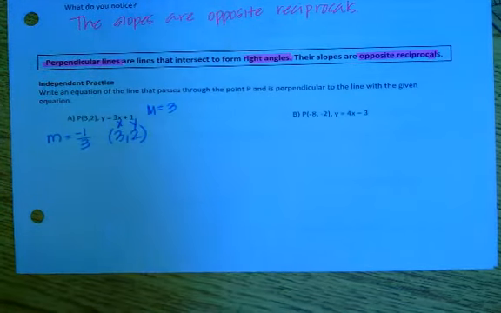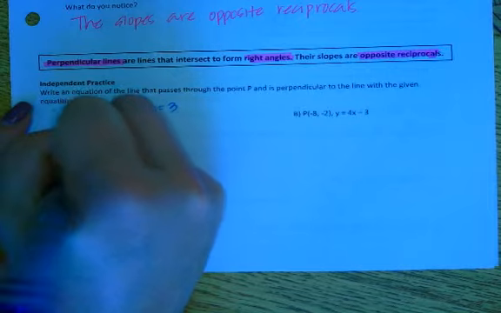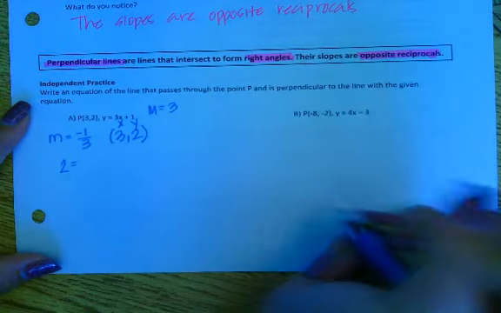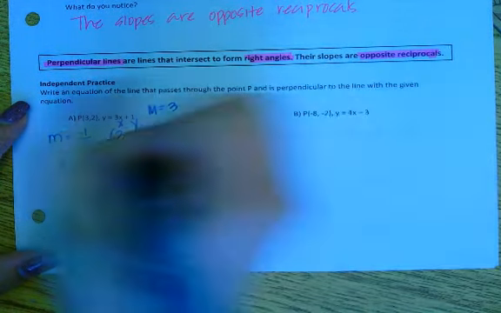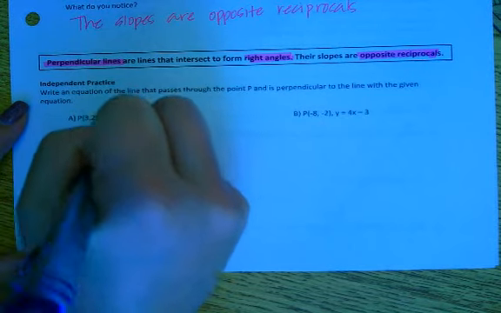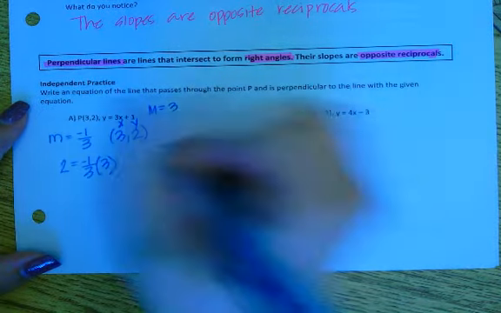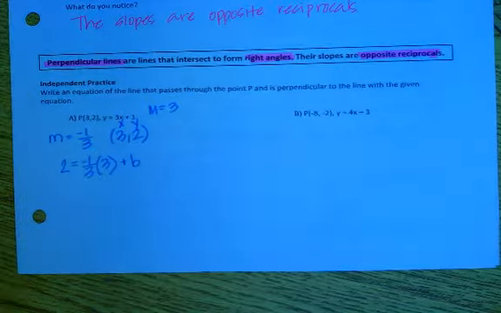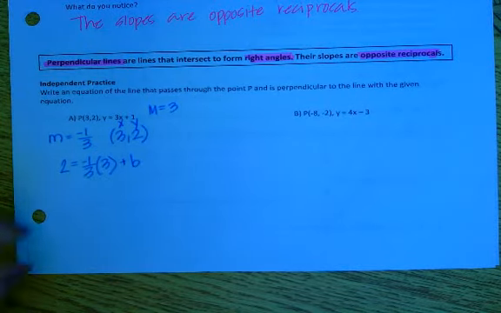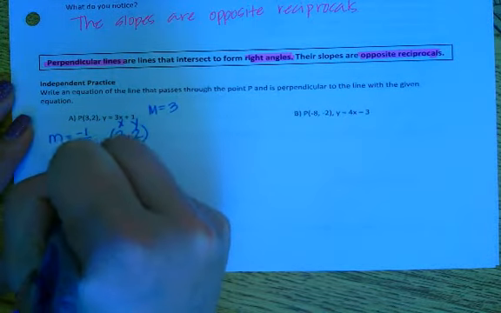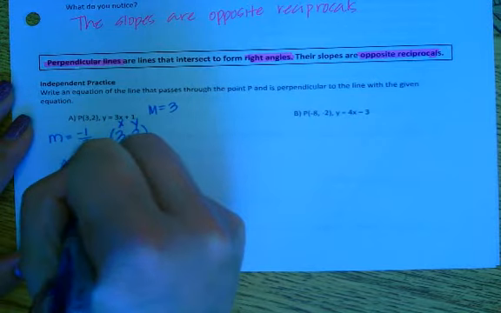How am I going to write my new equation? 2 equals negative 1/3 times 3 plus b. What is negative 1/3 times 3? Negative 1.